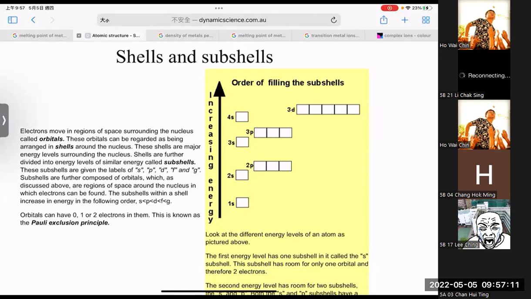So it is the point of being so special that whenever the electrons start to fill in that d orbital, the physical and chemical properties will be shown quite differently when you compare with main group metals. Now I try to make it simple.